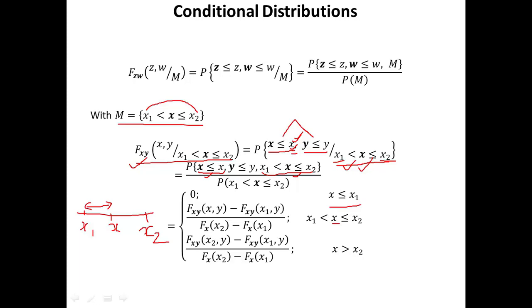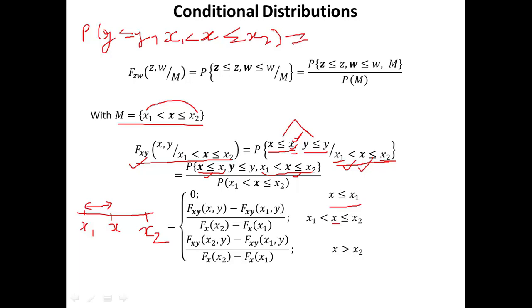F_XY(x,y) minus F_XY(x1,y), because the probability of X less than or equal to x, along with x1 less than X less than or equal to x2, we have already discussed in conditional probability.